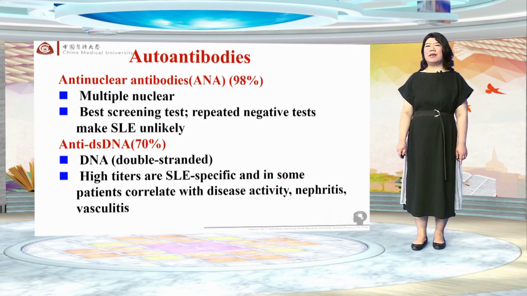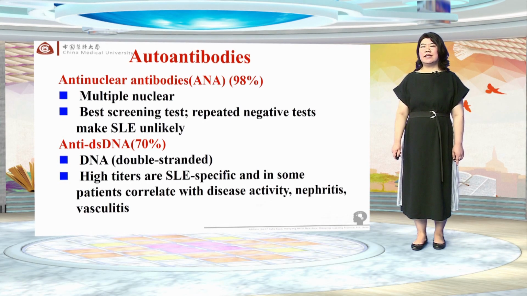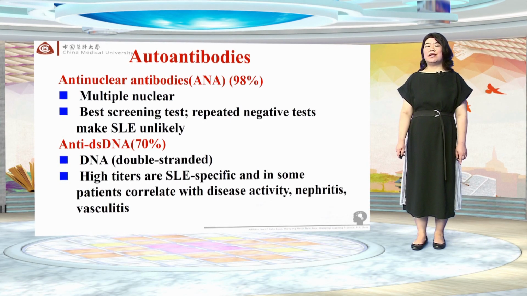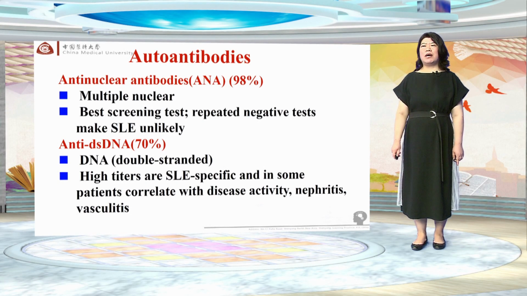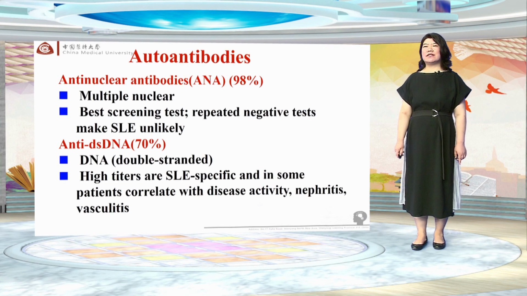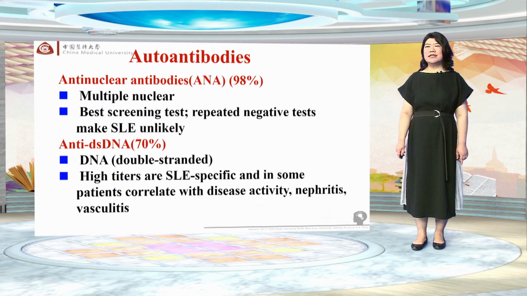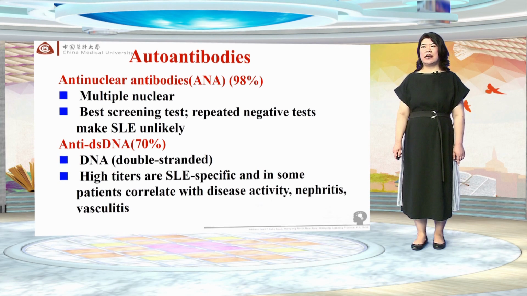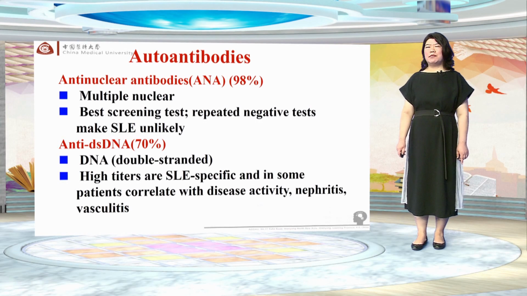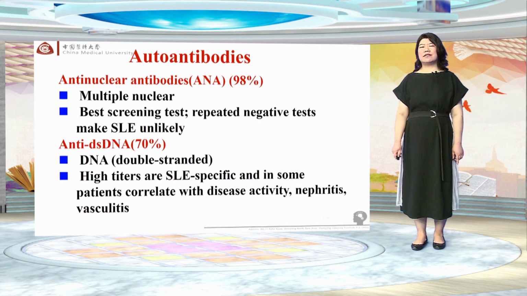The anti-nuclear antibody, ANA, is the typical antibody for lupus patients. The antigens for ANA are multiple nuclear antigens, and it is the best screening test for lupus. That means if the patient is ANA negative, we must be very careful about diagnosing this patient with lupus.